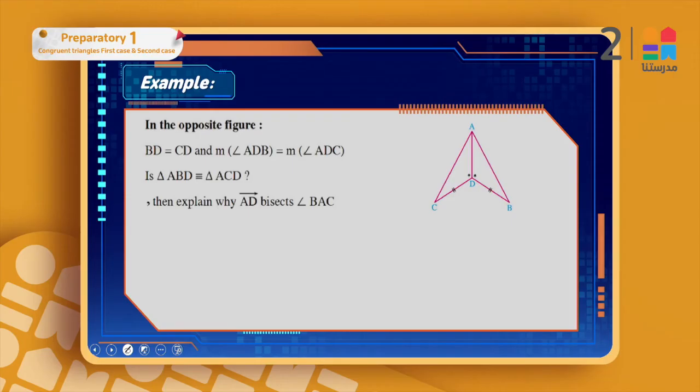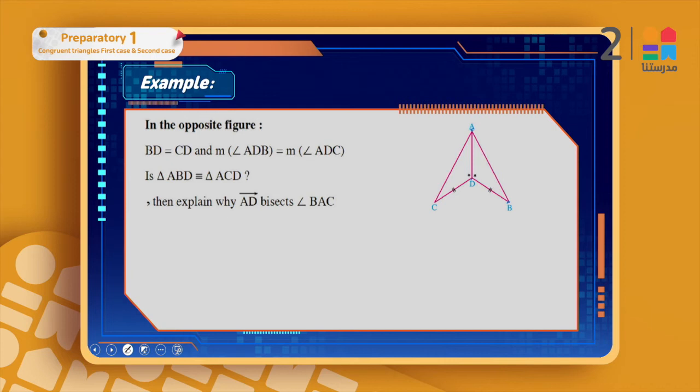In the opposite figure, let's look at an example now. In the opposite figure, BD is equal to CD and the measurement of angle ADB is equal to the measurement of angle ADC.